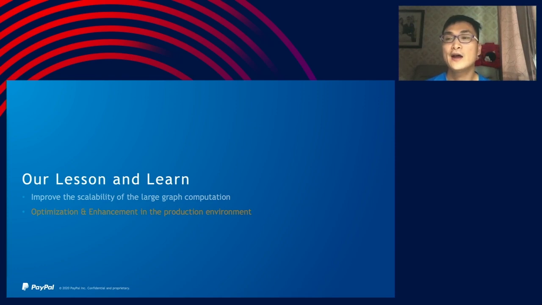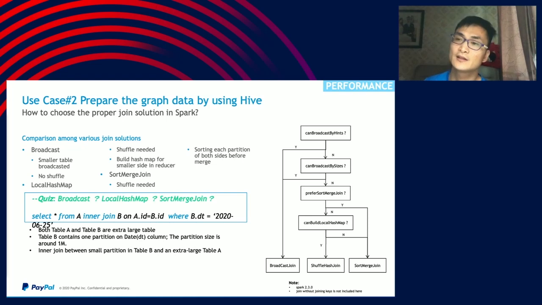But I will not include those details here today. I just want to share one case here to illustrate how we optimize our application with the help of understanding Spark internals deeply. The first case is related to the join selection strategy in the Spark planner.